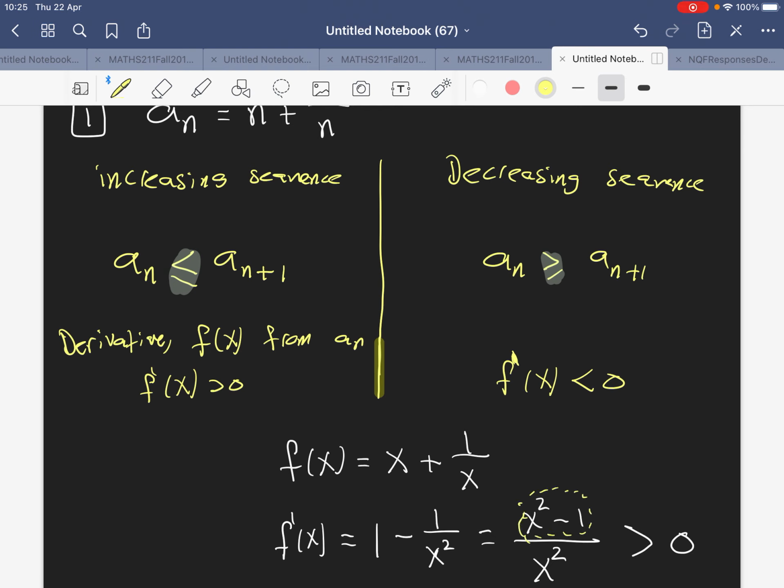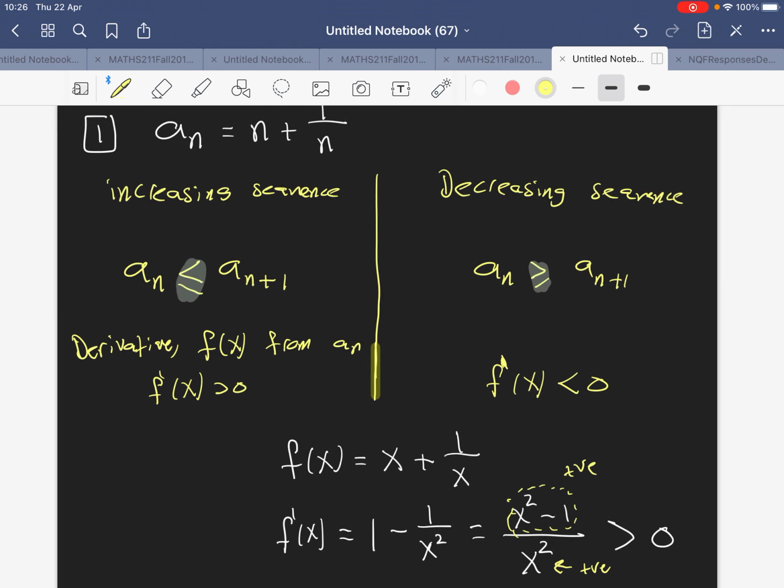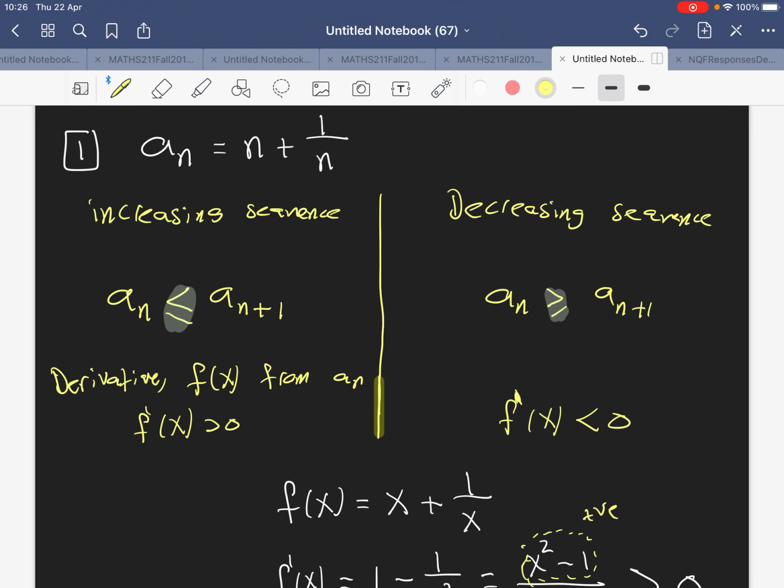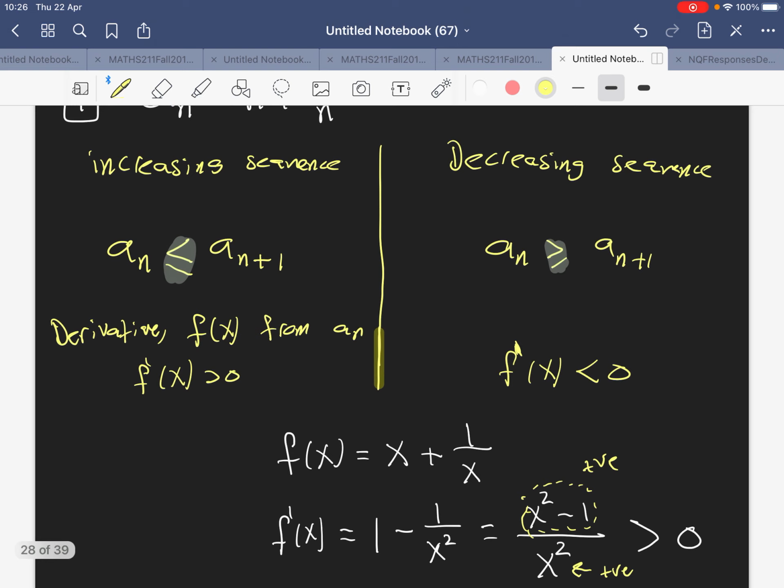We can think of x as 1, 2, 3, 5, 7, 10. Anything squared is positive, and positive over positive is just positive. Okay, so that's it, and this function is increasing.